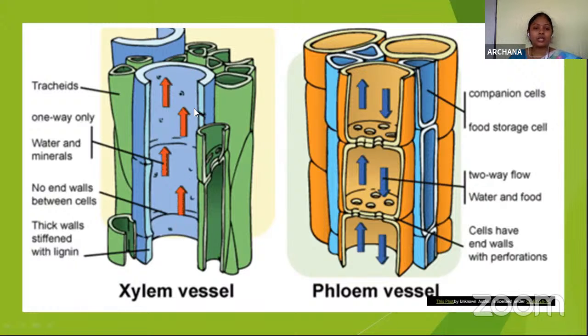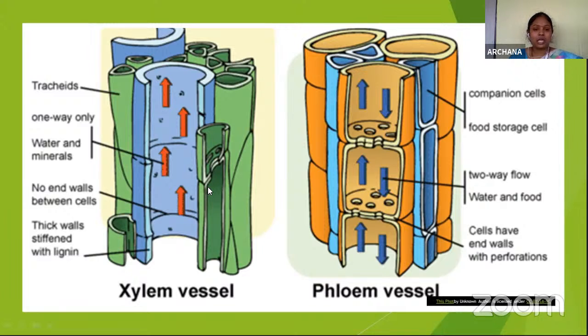A unidirectional flow of water and minerals. Now coming to phloem vessel. Phloem is responsible for conduction of food materials in the plants, and here we can see a bidirectional flow, that is, from downwards to upwards and from upwards to downwards. So we can see a two-way flow.